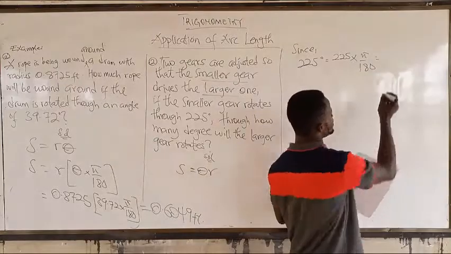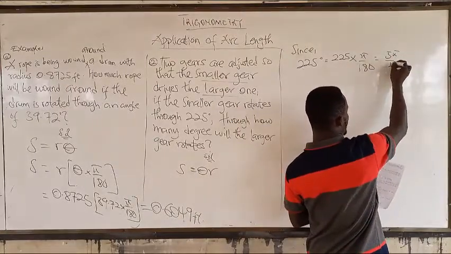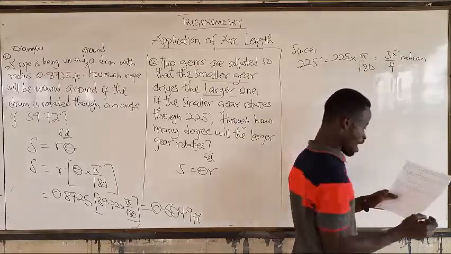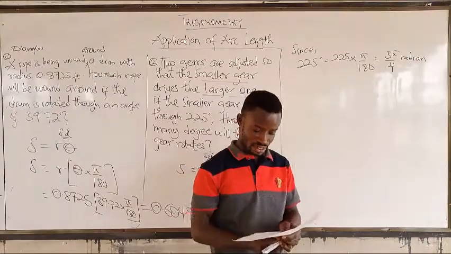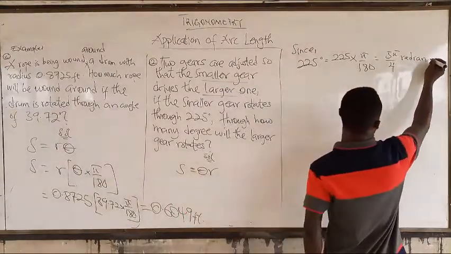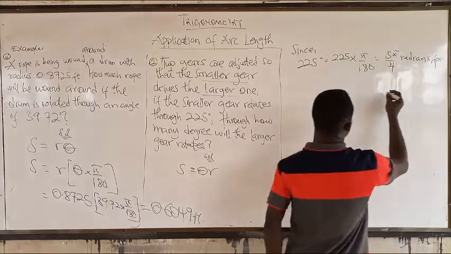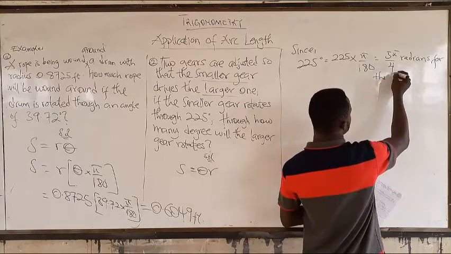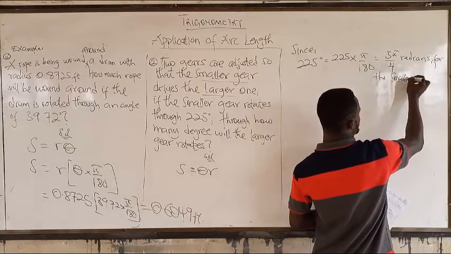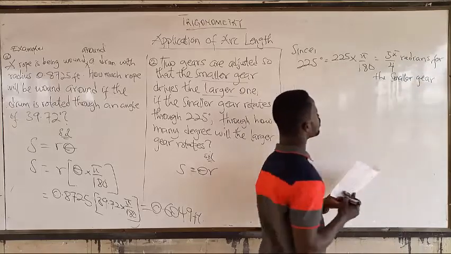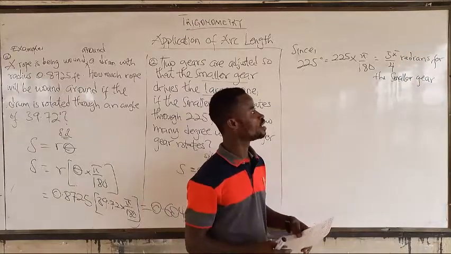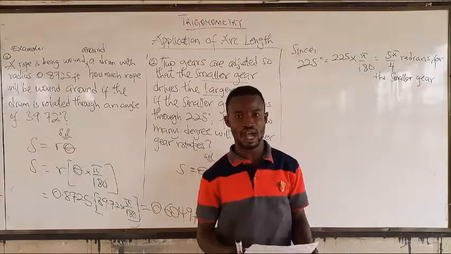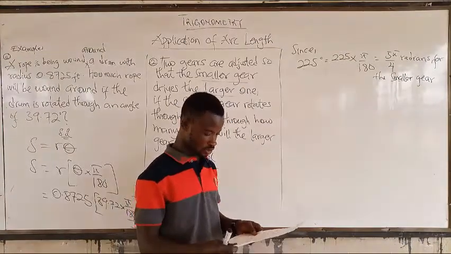That is going to give us 5 pi over 4 radians. So for the smaller gear, the radian measure is going to be 5 pi over 4. Very good.